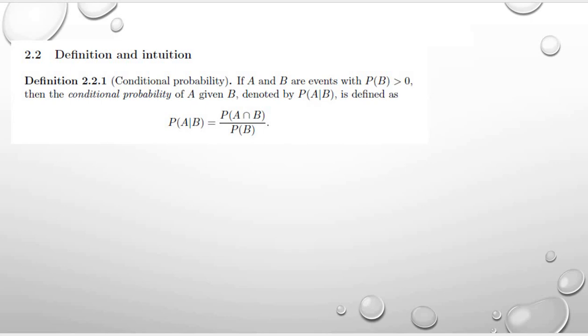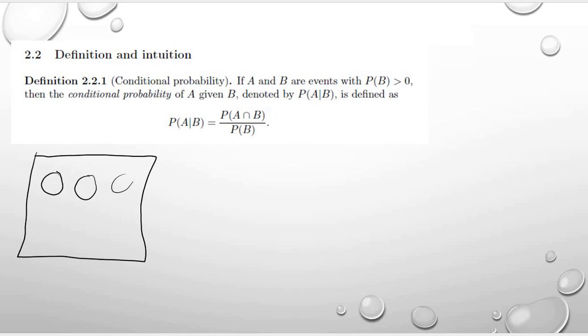Now, if we introduce the pebble world that Blitzstein and Huang use, we can do some conditional probability calculations quite nicely. Recall they have 9 pebbles, and then they have 2 sets, A and B, and their sets are not exhaustive and they're not mutually exclusive either. So they're complicated enough to be interesting, you might say.